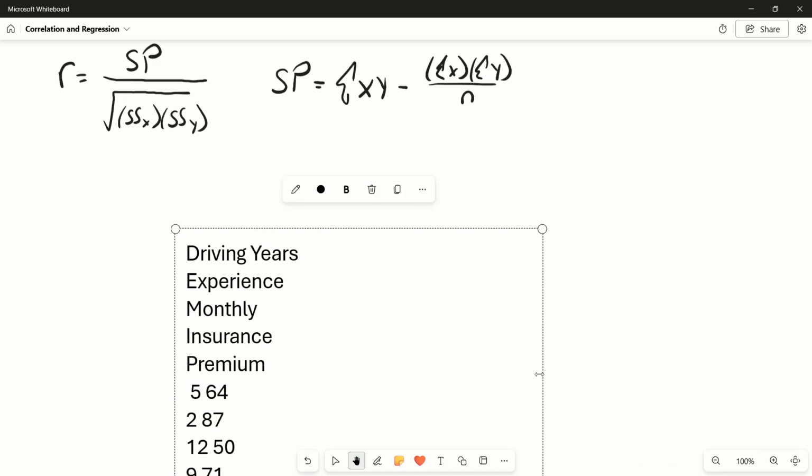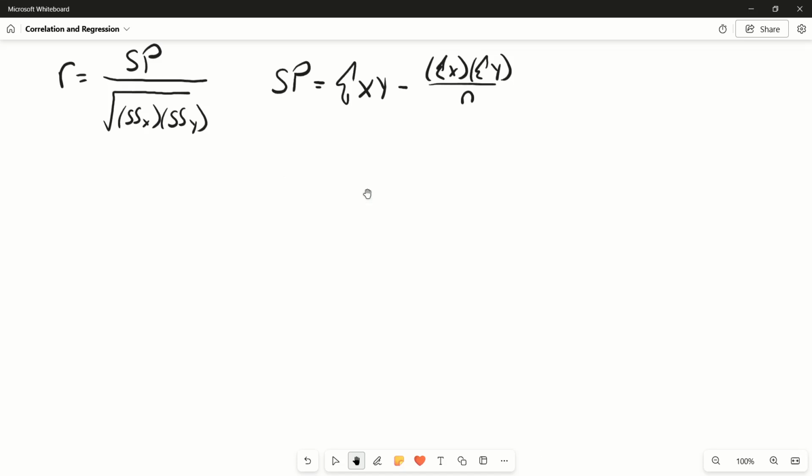So let me get rid of it. I'm just going to write it out manually because the table is a little bit hard to copy and paste over here. So we're going to have driving experience, and then we're going to have insurance premium.